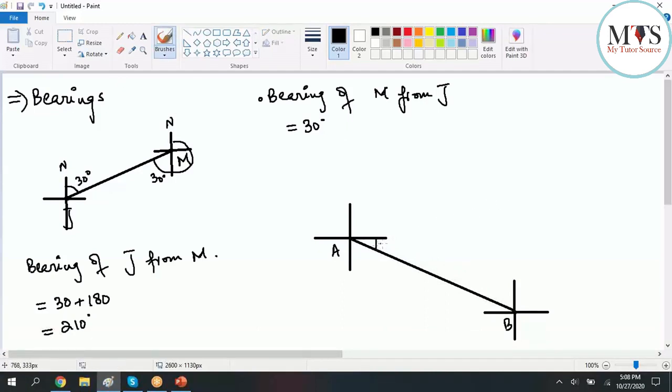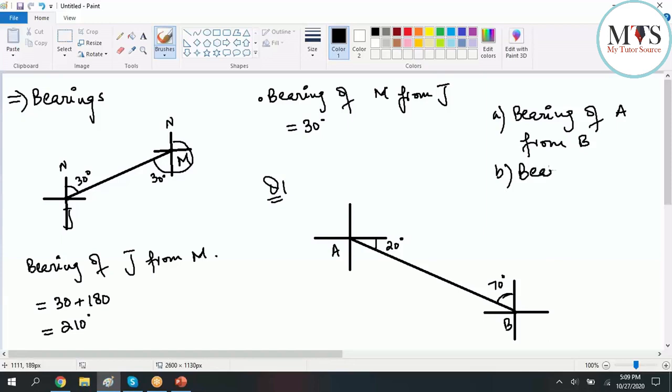And let's say this angle over here is 20 degrees and this over here is 70 degrees. Now your question: the first part is you have to find the bearing of A from B, and part B is the opposite. We have to find the bearing of B from A.